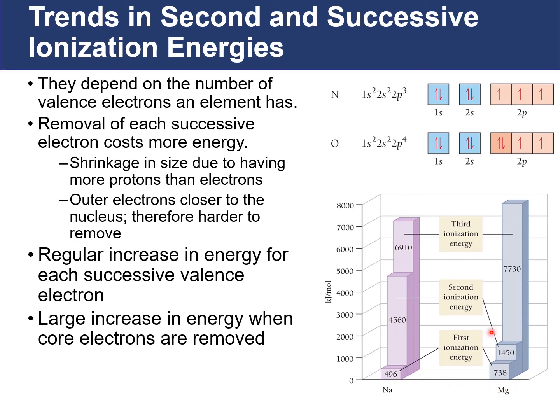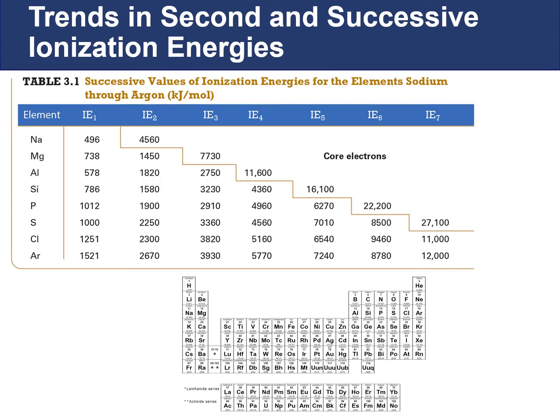Similarly, we could tell that this data here is coming from something in the second group of the periodic table because removing the third electron would have this very large increase in energy, which should correlate to breaking a noble gas configuration.